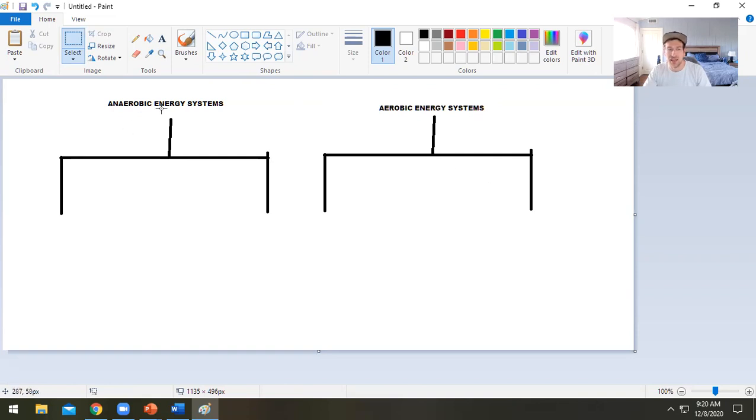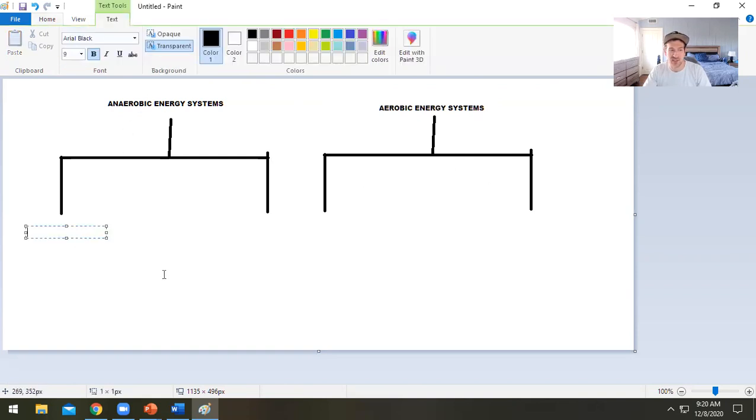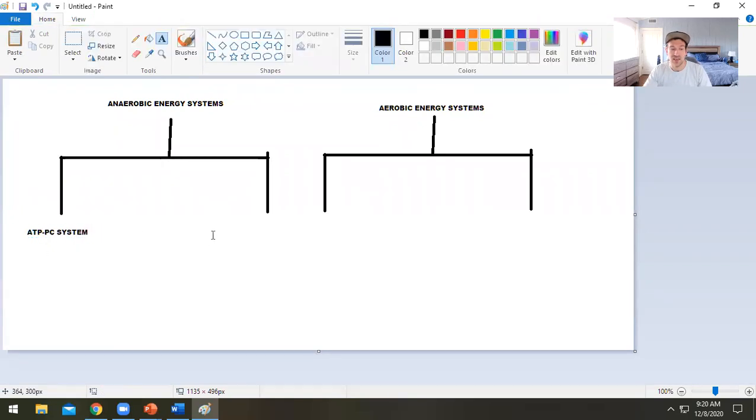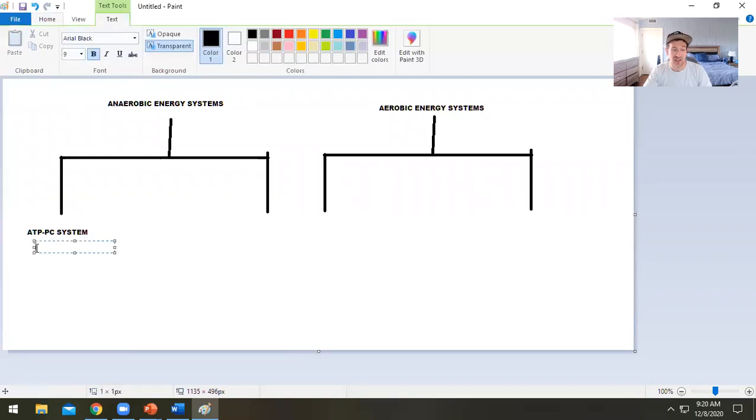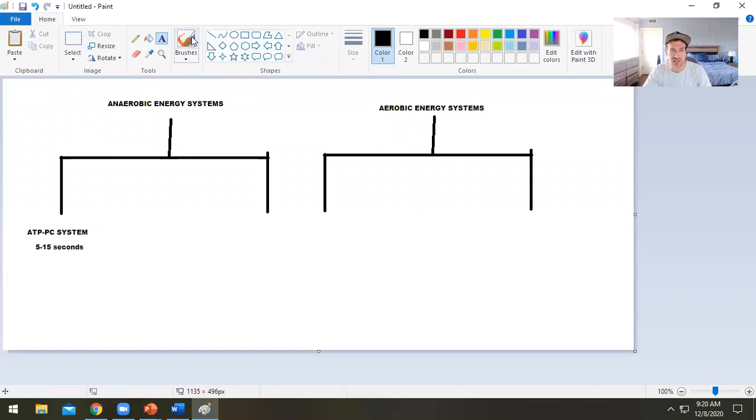And so in the anaerobic energy systems, it starts with the ATP PC system. And that lasts, like I said, 5 to 15 seconds, depending on who you ask. You can see we've got it written in our notes as 5 to 10 seconds.